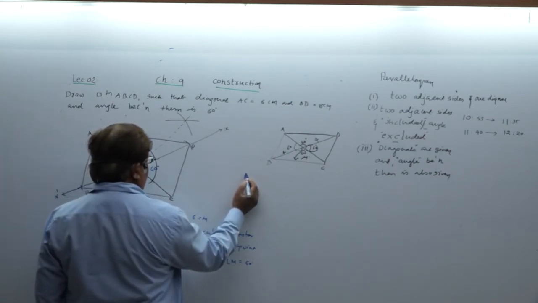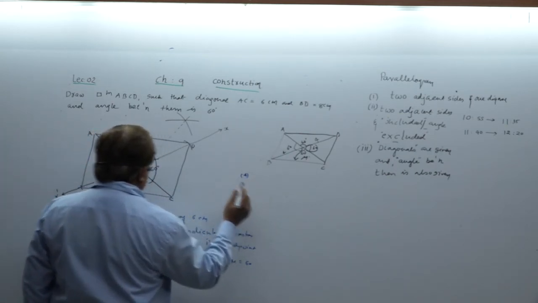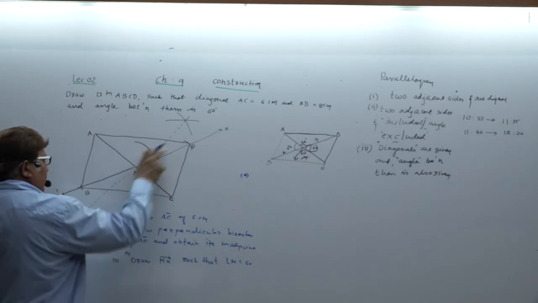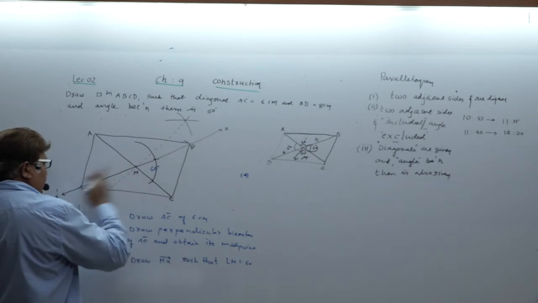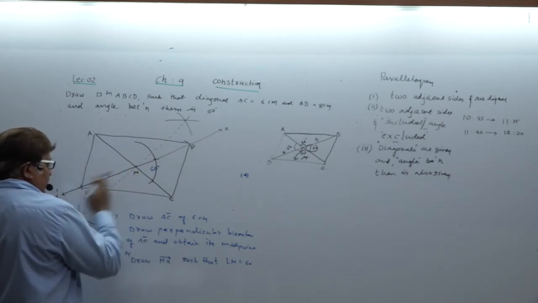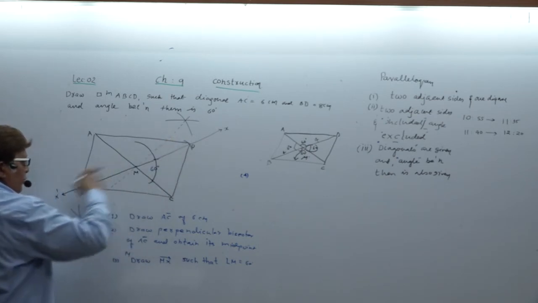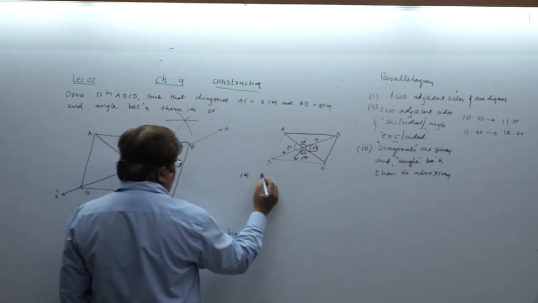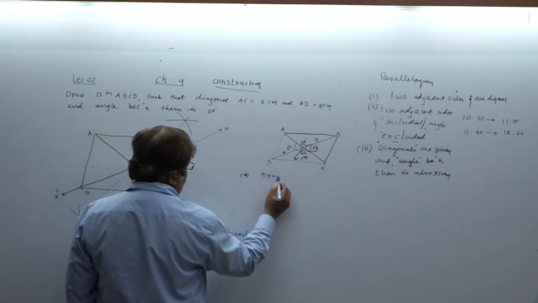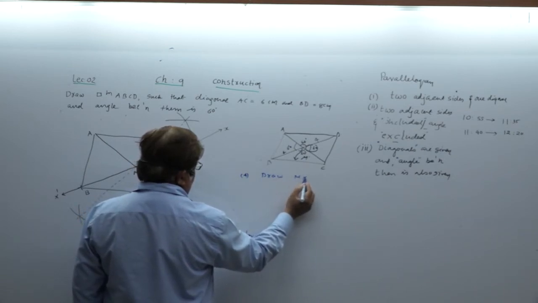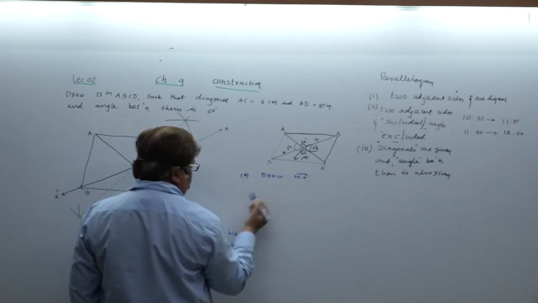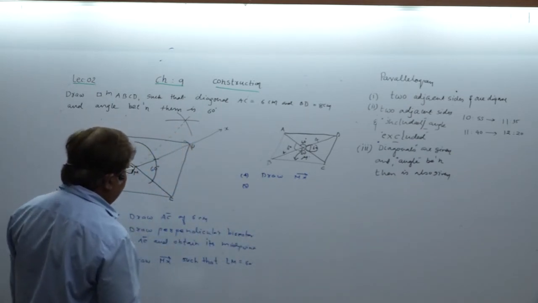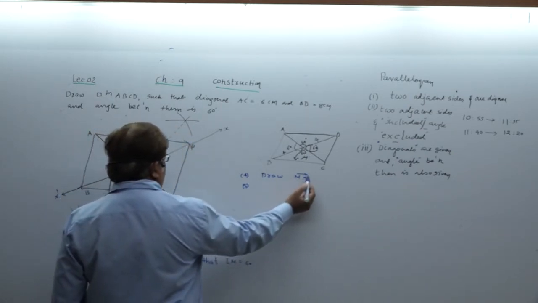Then the fourth step: as we have drawn ray MX, we have constructed its opposite ray. You can mention: draw ray MX dash. You do not have to mention it is the opposite ray. Just draw ray MX dash.